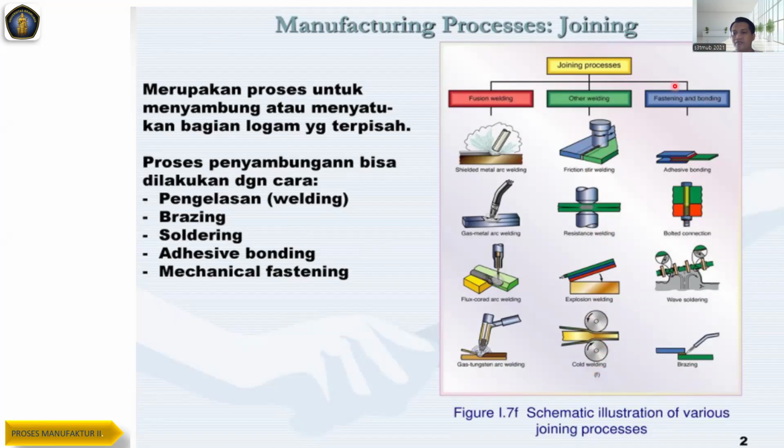Then fastening and bonding: here there is adhesive bonding, where they use some kind of adhesive, and bolted connection, where we use bolts. With soldering, we use solder, and brazing here.